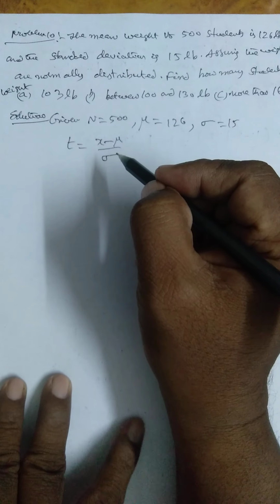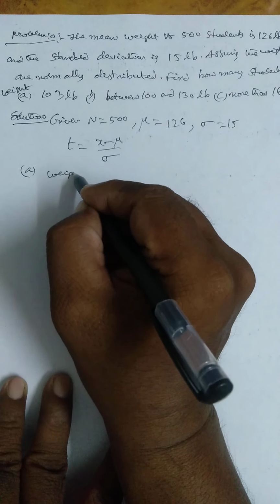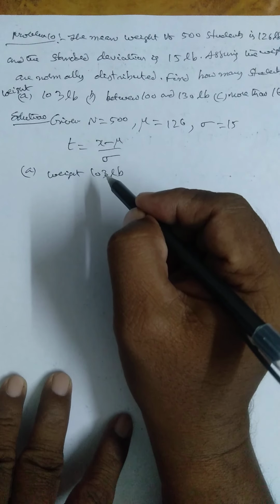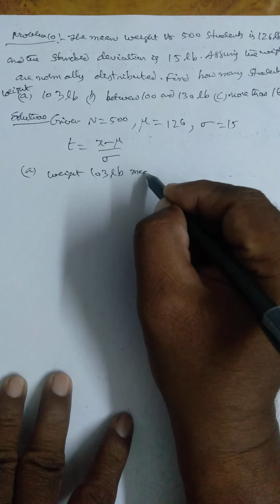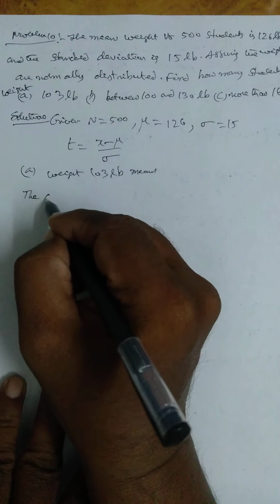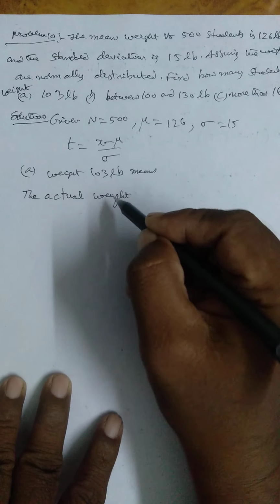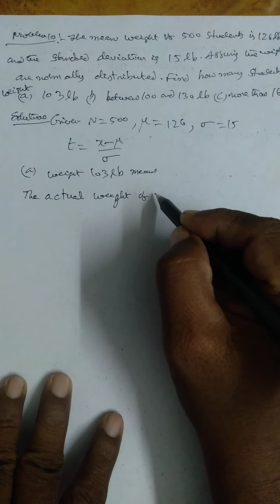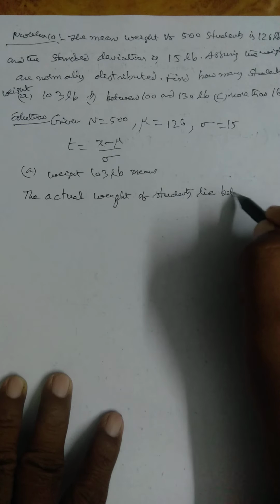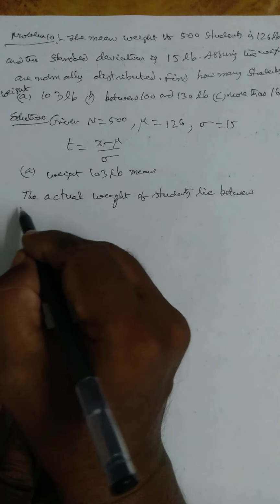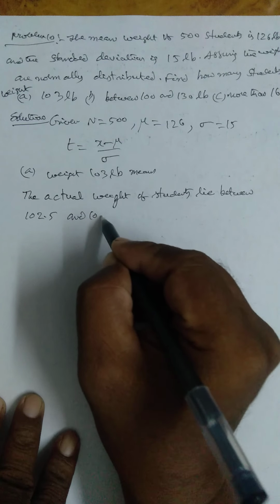Okay. Now, weight 103 lb means the actual weight of students lies between 102.5 and 103.5.